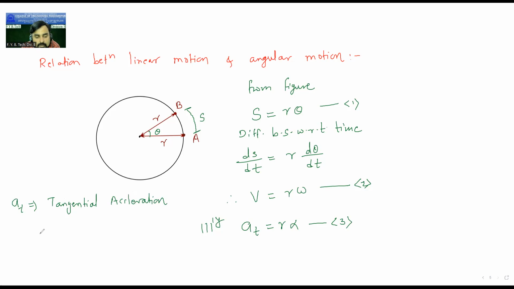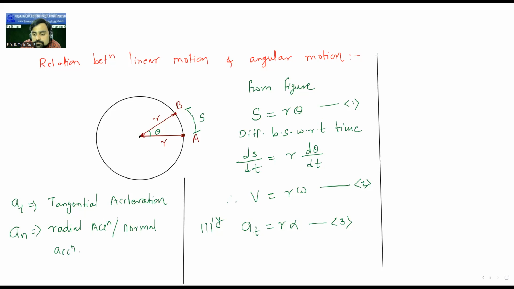AN is the normal acceleration, or radial acceleration. And this AN, the normal acceleration, is calculated as v square by r, or AN is equal to r omega square.